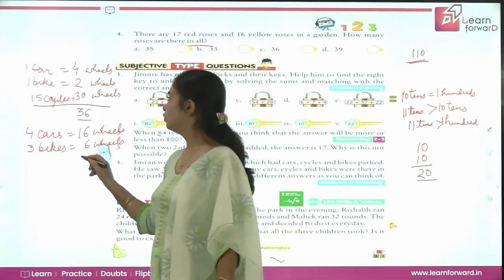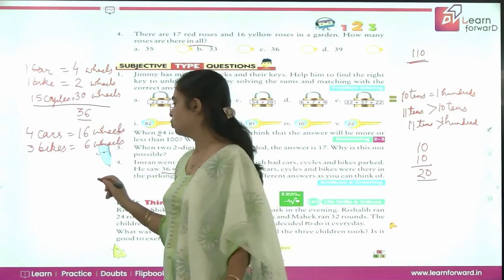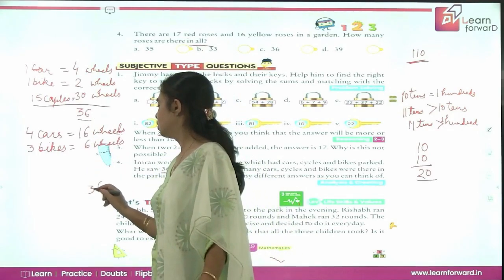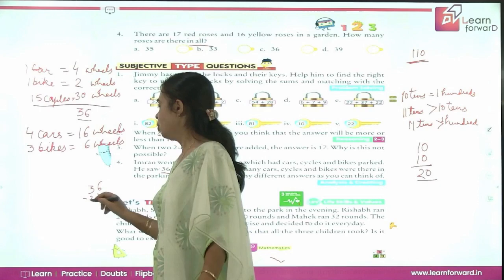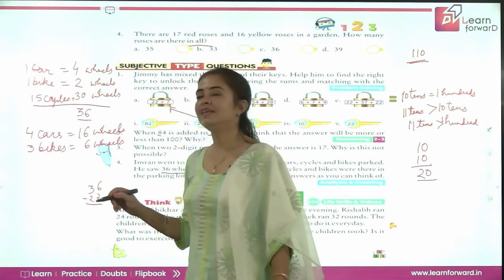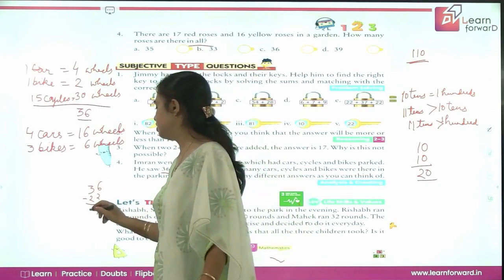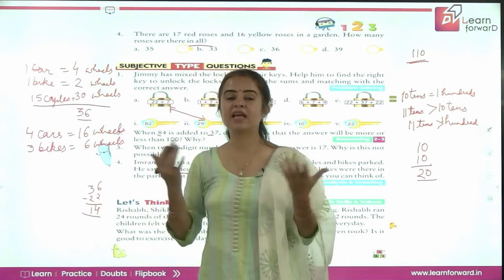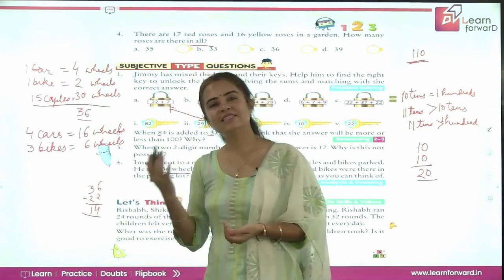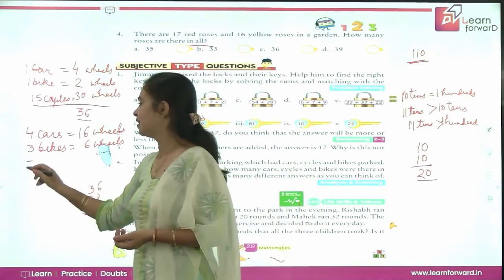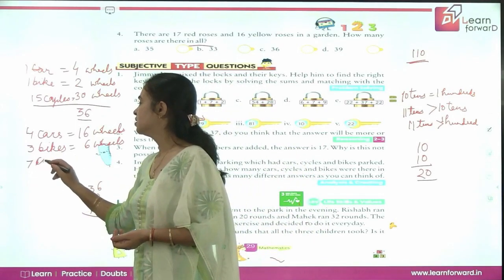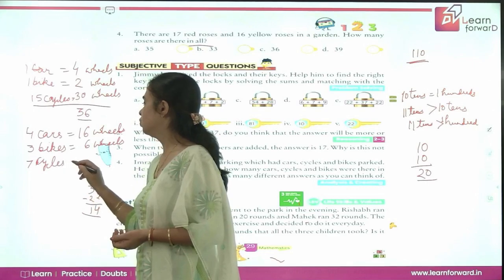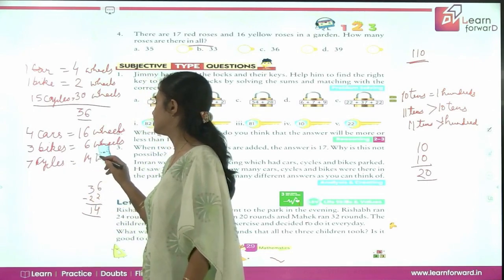Now, out of 36, 22 you have already got. How many more wheels are there? Yes, children. Good. 14 wheels are there. Right? So, for 14 wheels, how many cycles should you have? 7 cycles. Yes, that is perfect. So, 7 cycles will give you 14 wheels.